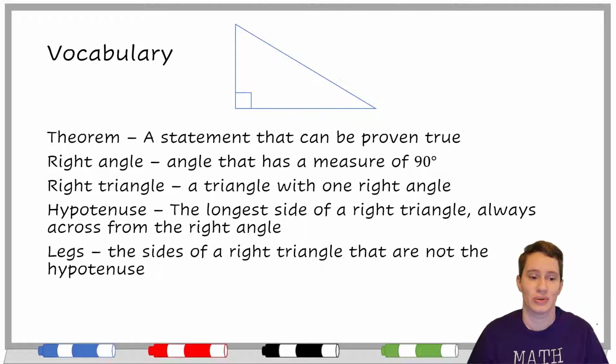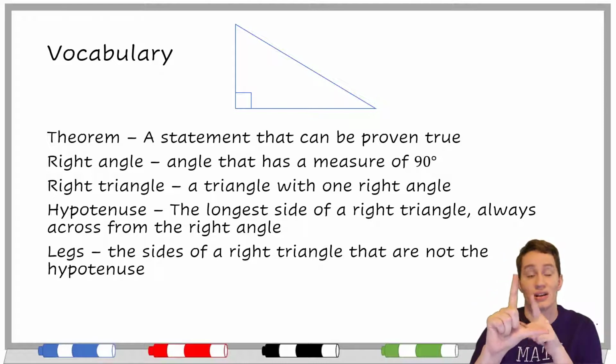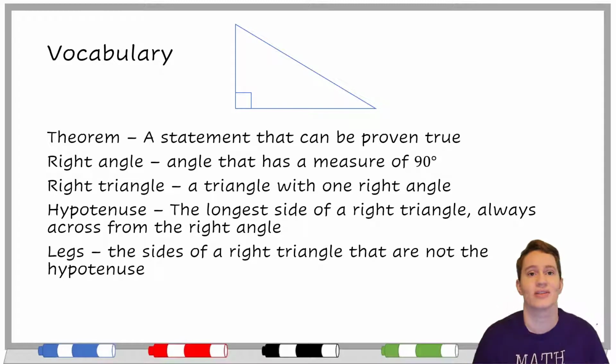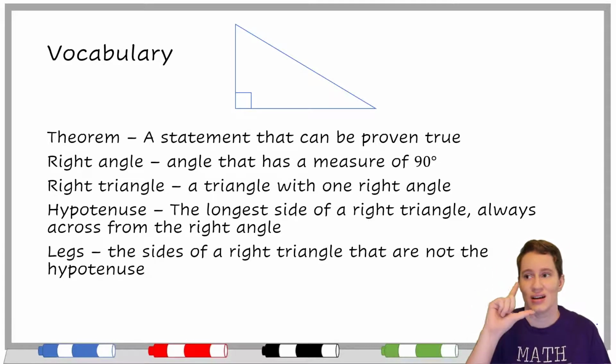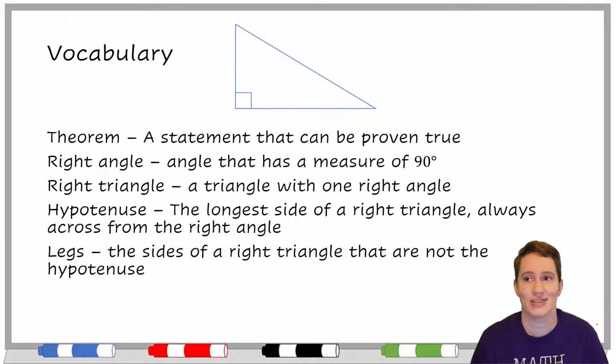A right angle is an angle that has a measure of 90 degrees. 90 degrees is the angle that a wall and a floor are supposed to make. The corners of our paper are 90 degrees, things that line up like that are 90 degrees.